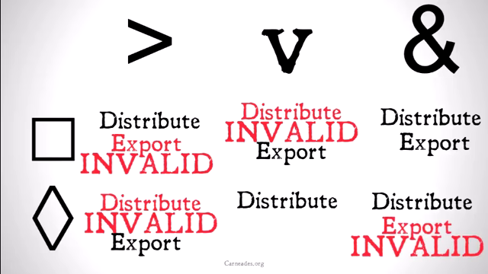Now, what about exporting possibility across conjunction? So that would be, it's possible that Q and it's possible that P implies that it's possible that P and Q. That means that it's possible that P in some possible world A, and it's possible that Q in some possible world B. That doesn't imply that they're true in the same world, which is what the consequent has to be saying.